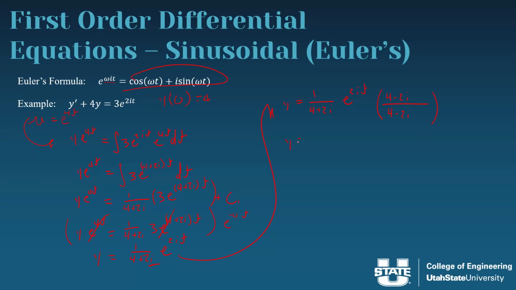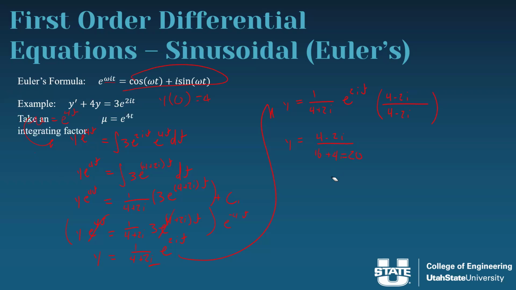So then we would have y is equal to 4 minus 2i divided by, let me just make sure I'm getting my bottom correct, 16 plus 4. So that's 20. Does that make sense why I did that? Okay, awesome.